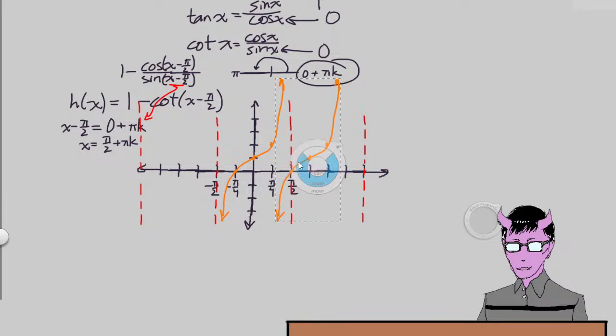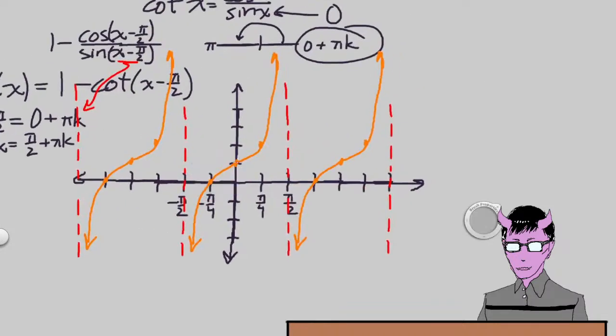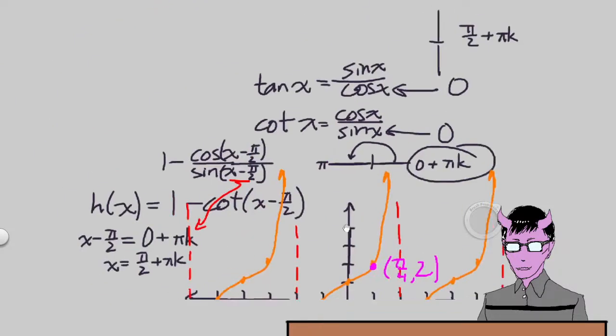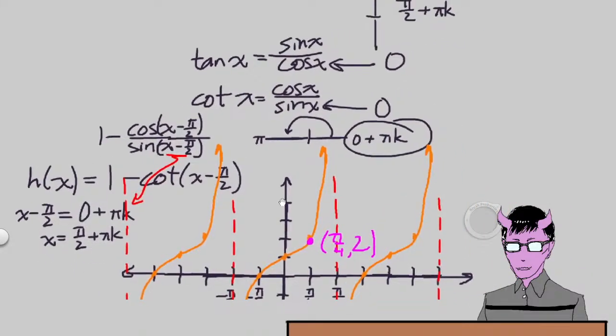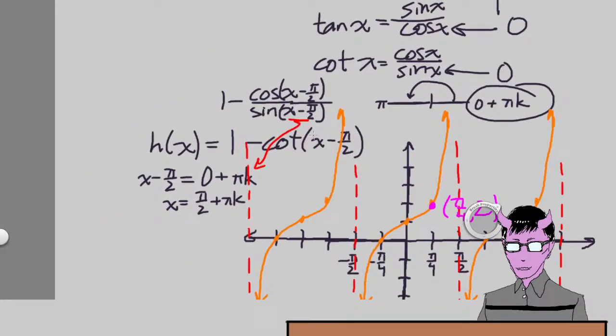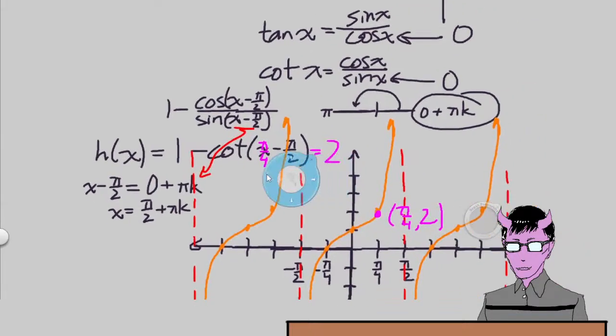We'll probably do another stream, being more methodical. I think this one I didn't really pre-plan very well, but that's what happens. So we're supposed to get this. Let's not use this particular point to test. Let's use this point instead. This point right here is specifically pi over 4 comma 2. If we plug in pi over 4 into our original function, then we should get 2 according to our graphical hypothesis.